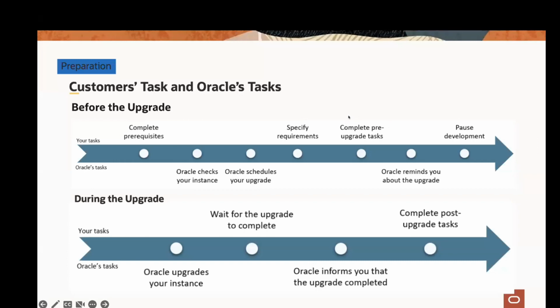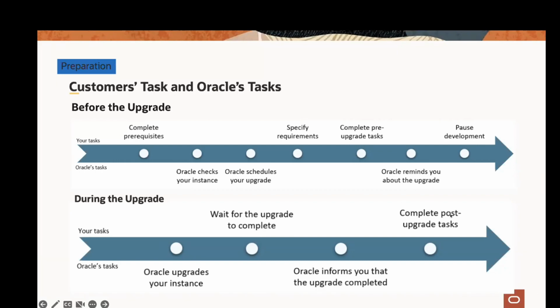And if there is any cleanup that you have to do, you do so, and that falls within the pre-upgrade tasks. And then we send you a reminder that the upgrade is coming. You pause any development to make sure that there are no hiccups when it comes to the upgrade. And then during the upgrade, pretty much what you have to do on the customer side is wait for the upgrade to complete.